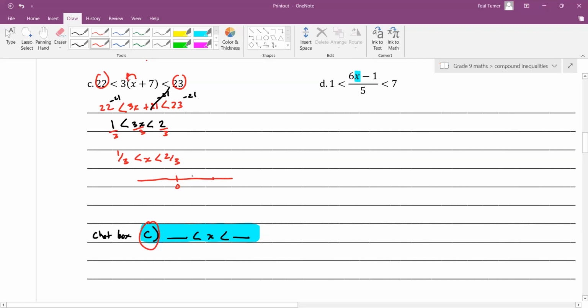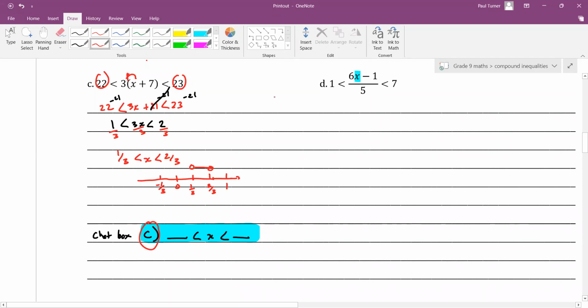This could be 1/3, 2/3, 3/3, and 3/3 is 1. So break 1 up into thirds, and that would be from 1/3 to 2/3, like that. So it's a very narrow range of numbers. You can put fractions in your number line as well, because they're just easy fractions to graph.